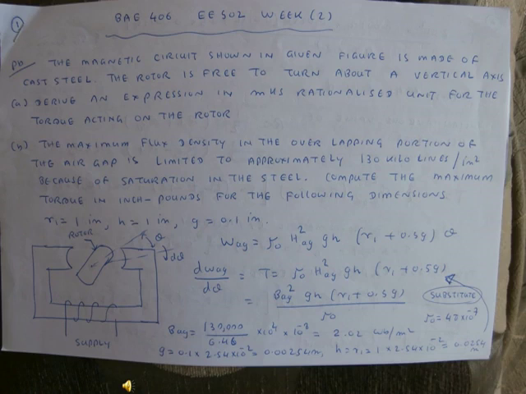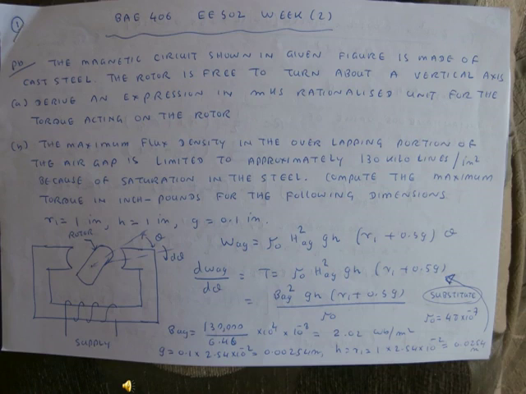G is the air gap length, which is 0.1 inch. H is the length of the magnetic circuit, and R1 is the radius of the rotation curve. Theta is the rotational angle.